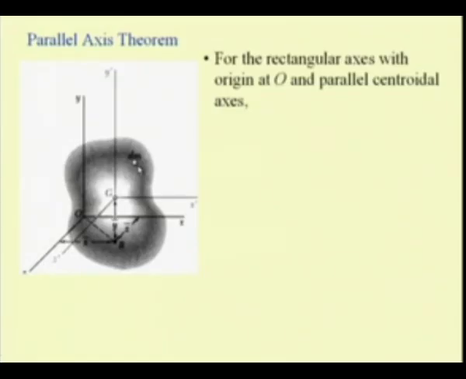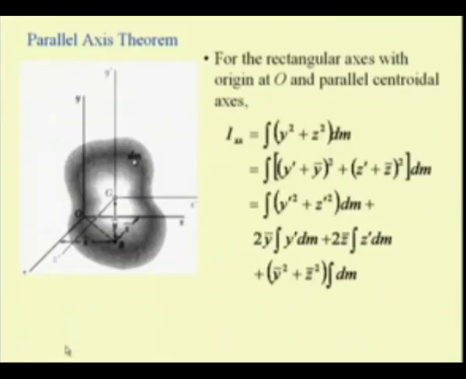Now, let us write the equation for computing the second moment with respect to the x axis. Let us say we are interested in finding Ixx. As per our discussion earlier, this is equal to the integral of y square plus z square dm.